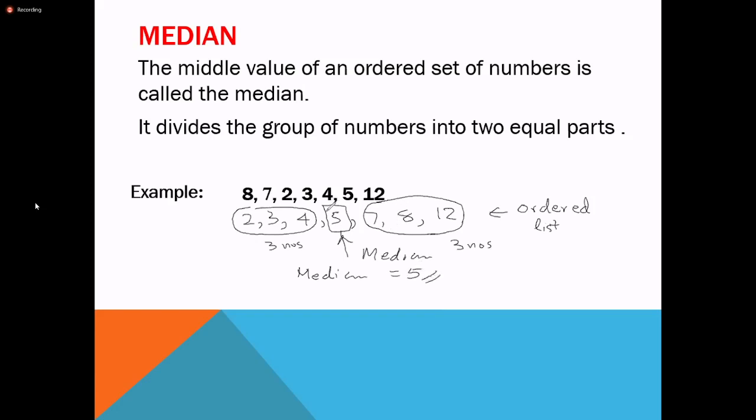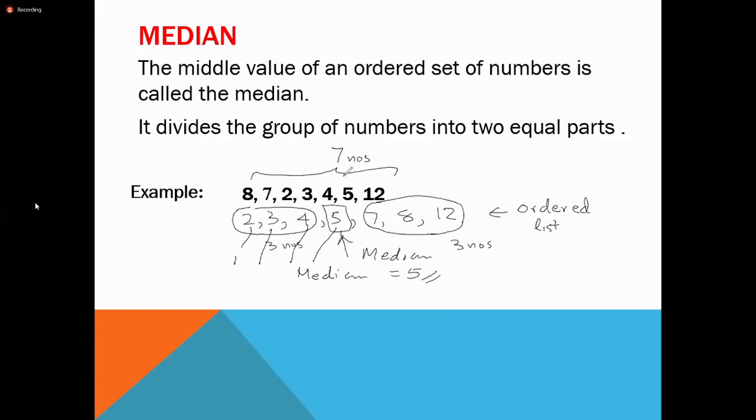As the placing value here, what is the position of this value? This is the 4th position. First value, second value, third value, 4th value. By looking at the positional value also, we can calculate it. Totally there are 7 numbers.